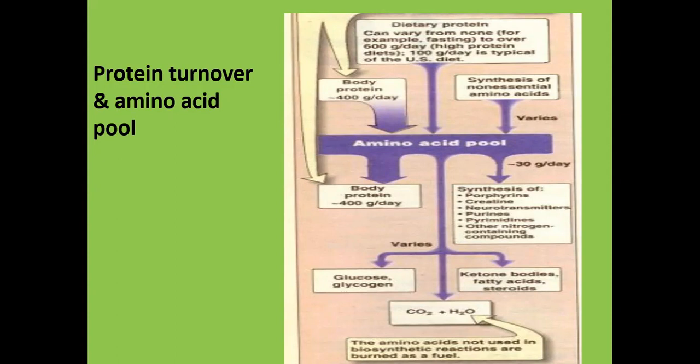For example, uterine tissues during pregnancy have a high rate of degradation, or skeletal muscles during starvation. Then many proteins which participate in the metabolic regulations also have a short half-life.